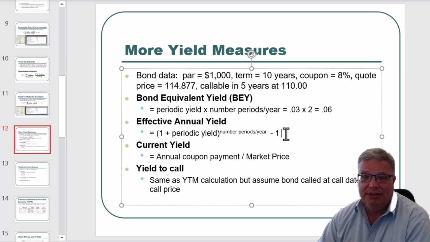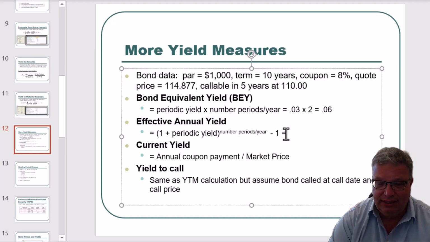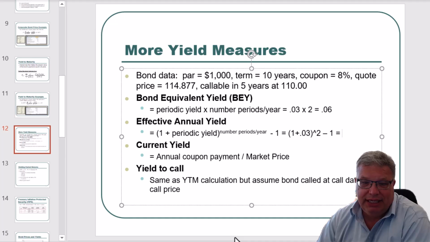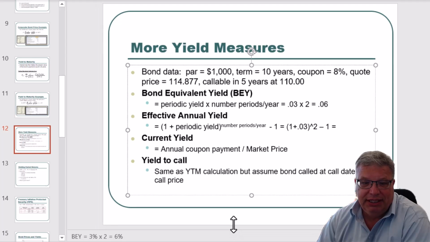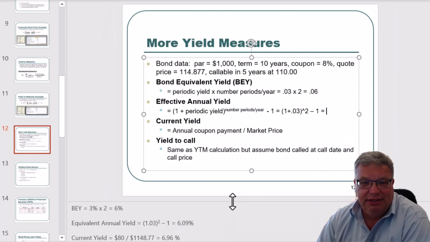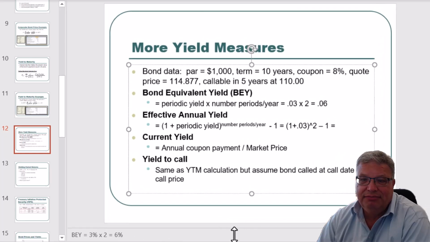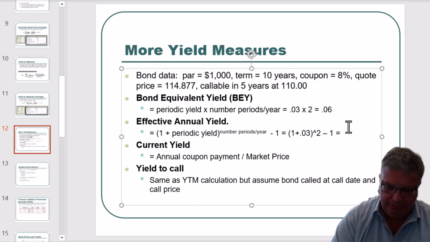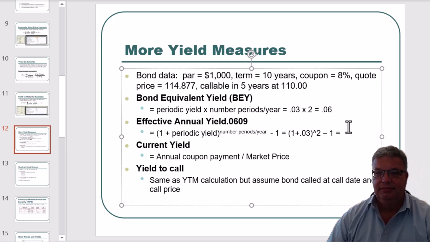So this takes into account compounded interest, reinvesting your dividends. All right, so the way to calculate that here is it's going to be 1 plus your periodic yield again, right? But then we're going to take it to the power of 2 periods per year, and then subtract 1. And if you do that, you should get around 6.09%.